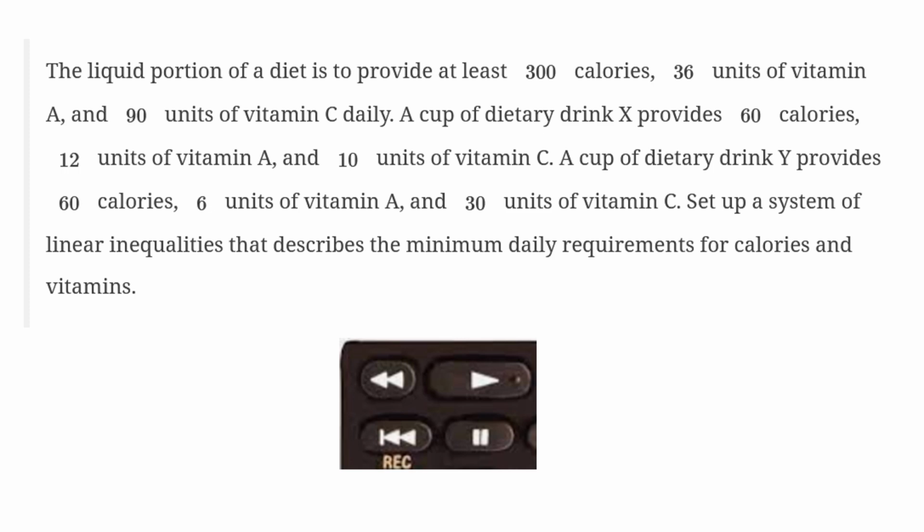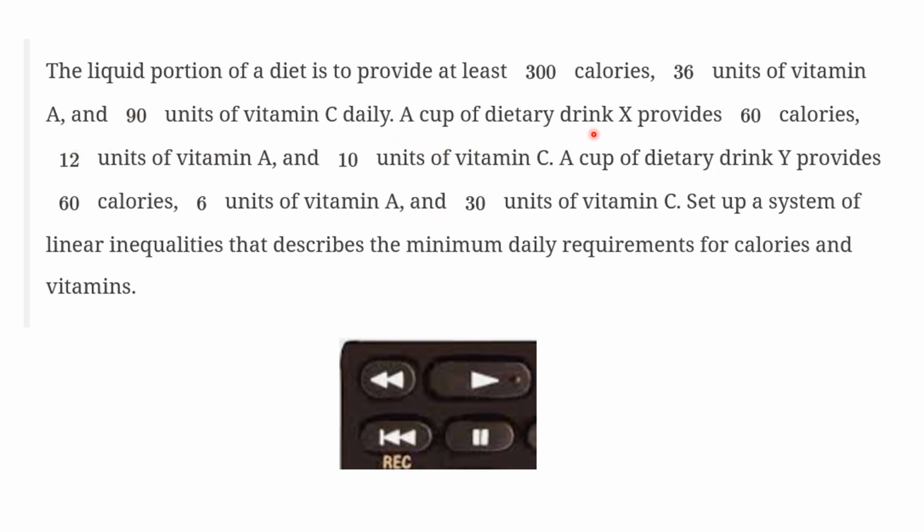Here's a problem. It's a word problem, and what you should really do is try to formulate this as a set of inequalities. And let's read it. The liquid portion of a diet is to provide at least 300 calories, 36 units of vitamin A, and 90 units of vitamin C daily.